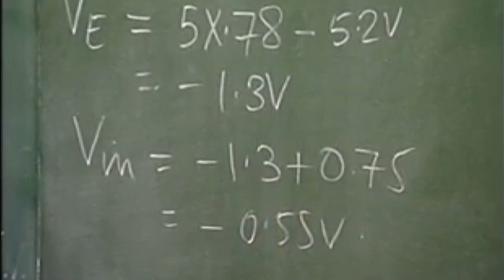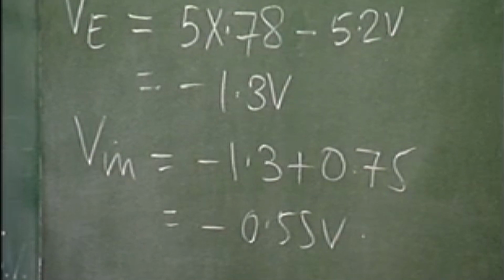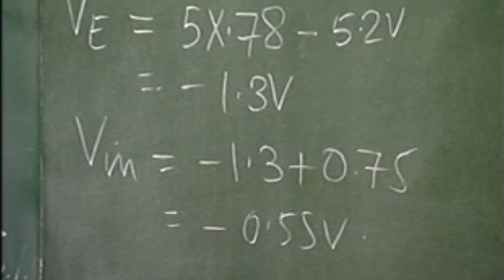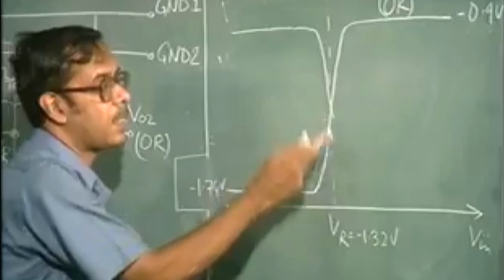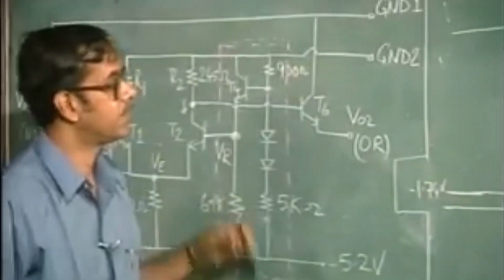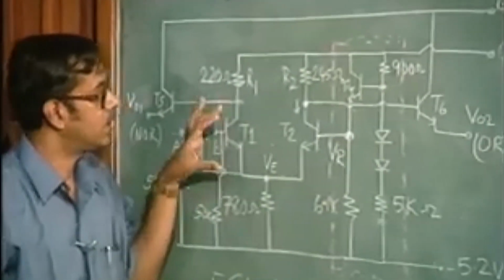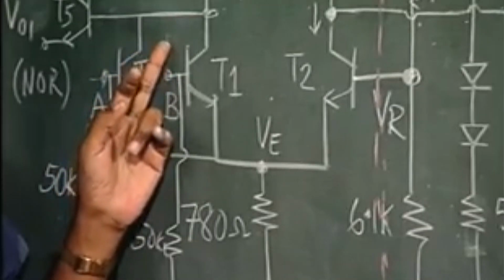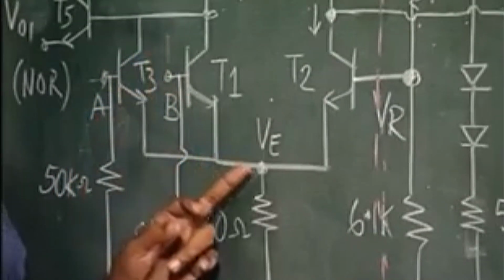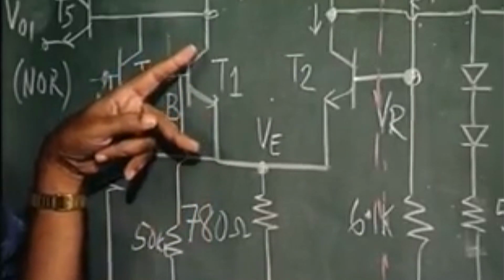All right. So when Vin goes to minus 0.55 volts, the transistor actually goes to saturation. And once it goes to saturation, if you go on increasing the input voltage, the VCE remains fixed, it is not changing anymore.